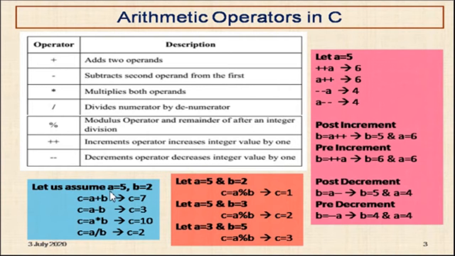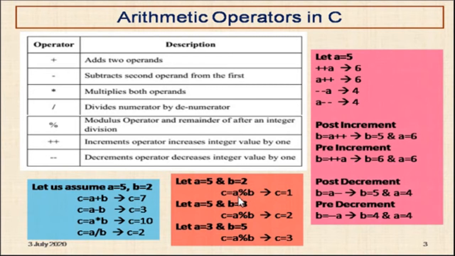Let's assume A is equal to 5 and B is equal to 2. We have used different operators like plus, minus, star, divide, and we can see the corresponding output. A plus B, 5 plus 2, 7. A minus B, 5 minus 2, 3, like this. And coming to the mod operator, when A is equal to 5 and B is equal to 2, here C is equal to A mod B, that is 5 mod 2.